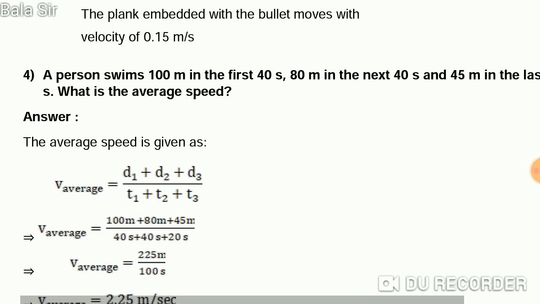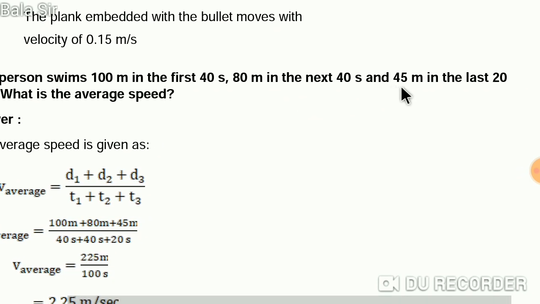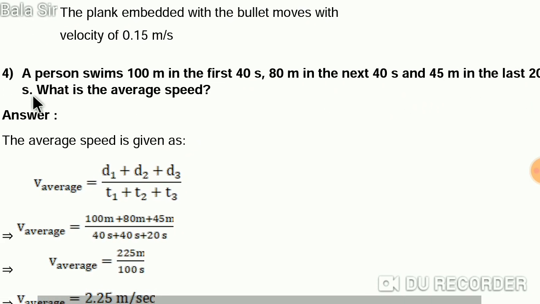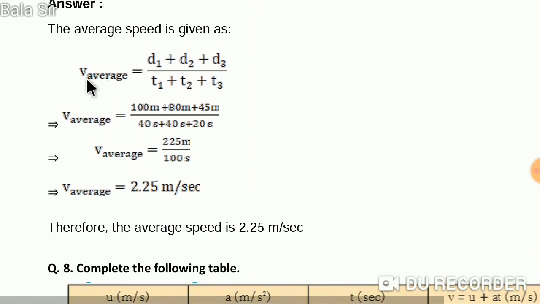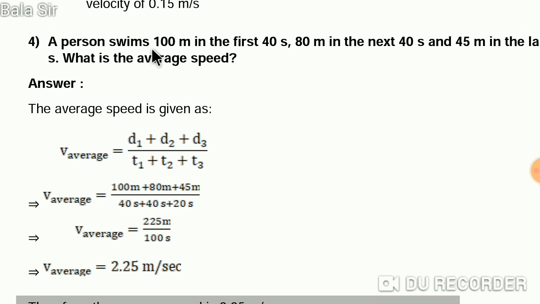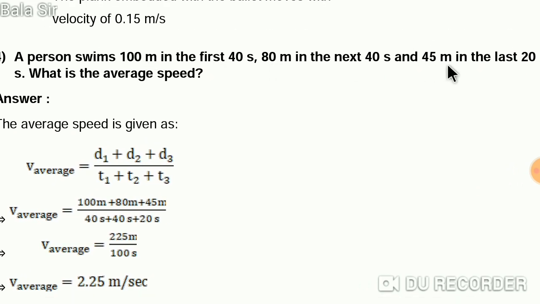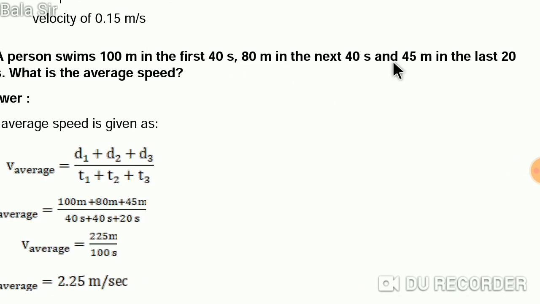Next sum, a person swims 100 meter in the first 40 second, 80 meter in the next 40 second and 45 meter in the last 20 second. What is the average speed? The average speed is given as total distance upon total time. So our distances are 100 meter, 80 meter, 45 meter. Our times in seconds are 40, 40 and 20.